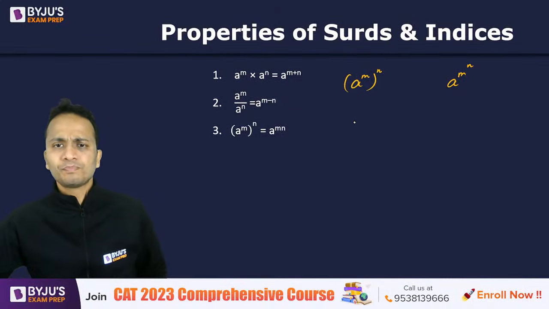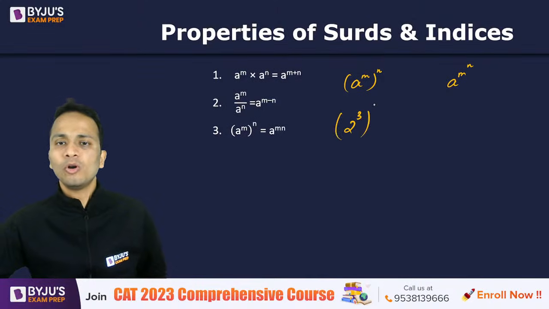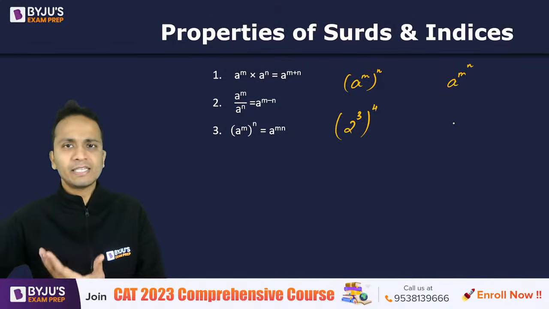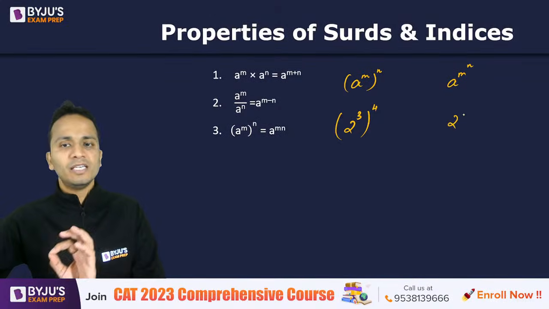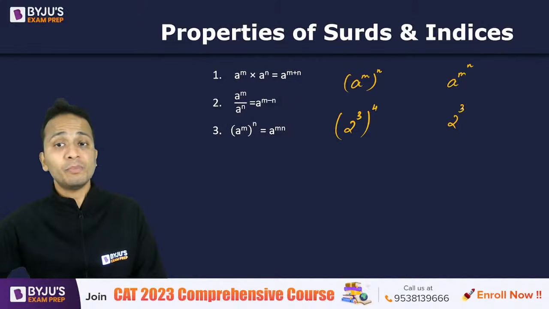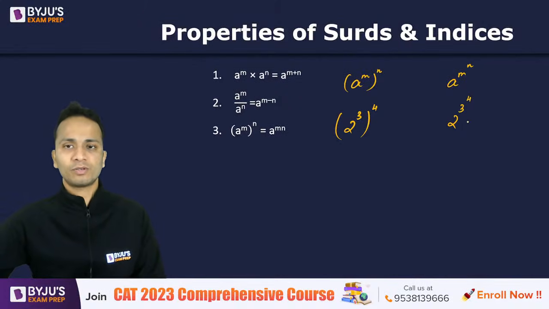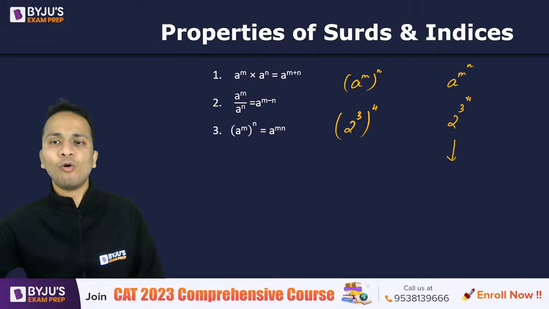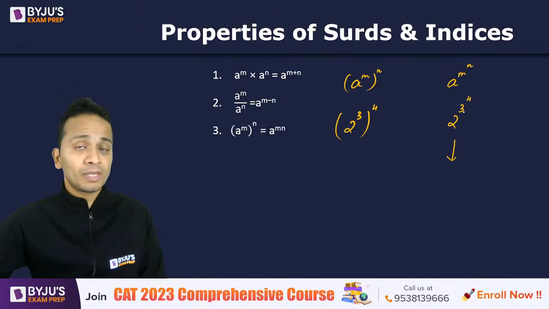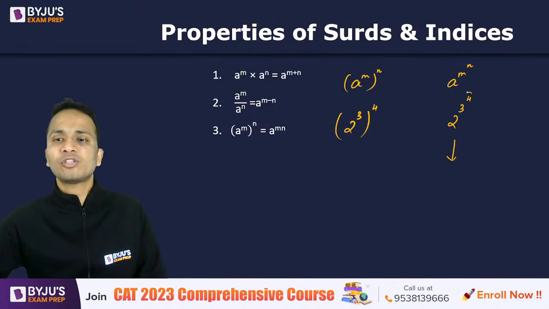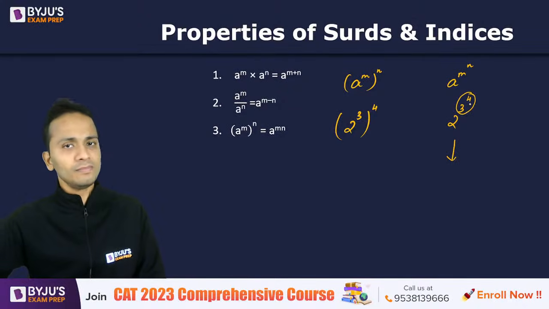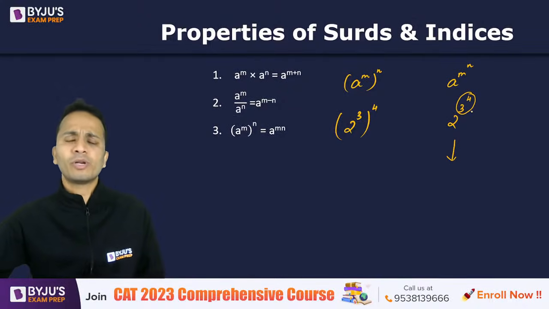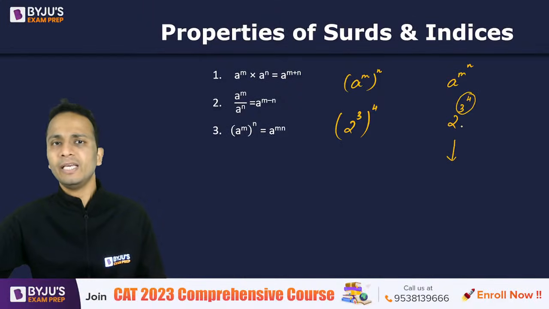For the first case, I'll take 2 raised to the power 3 whole raised to the power 4, and for the second, the same numbers, but it will be a different thing: 2 raised to the power 3 raised to the power 4. Let's talk about the second one first. Since 4 is the power of 3, first of all we'll solve this part. 3 raised to the power 4 is 81.